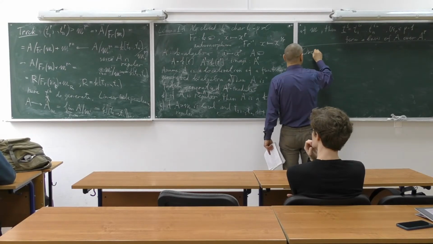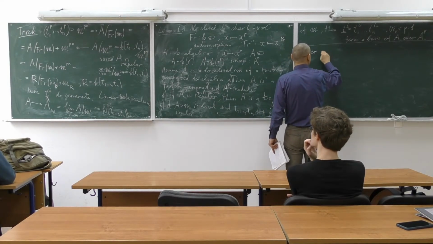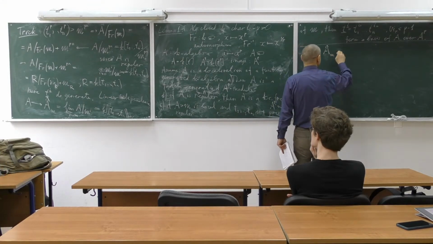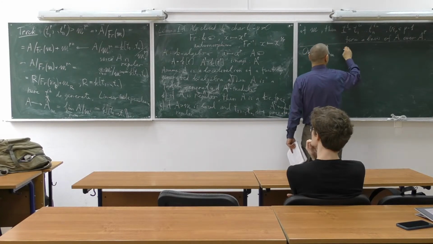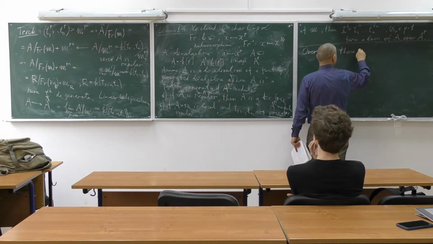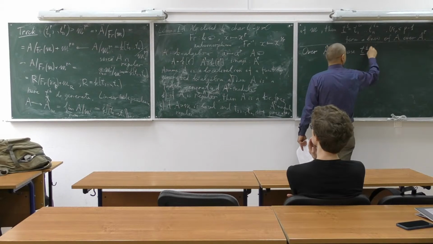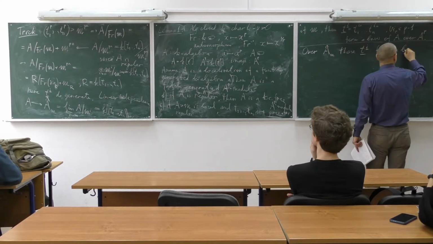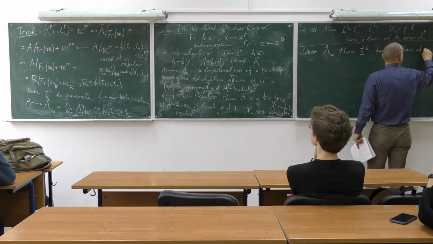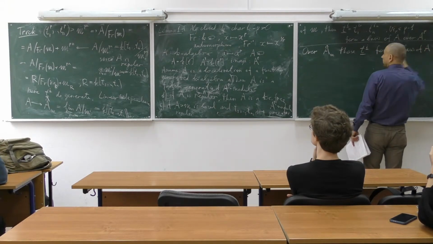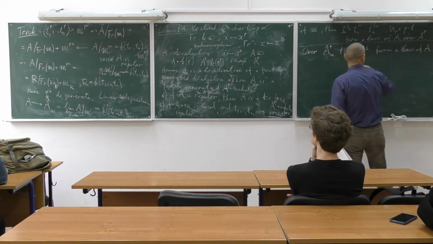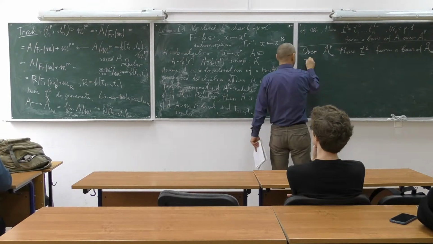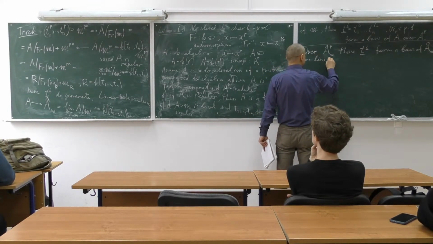So over A completed, those monomials form again a basis, well, over pth power they form the basis of the completion itself, and hence the desired linear independence.